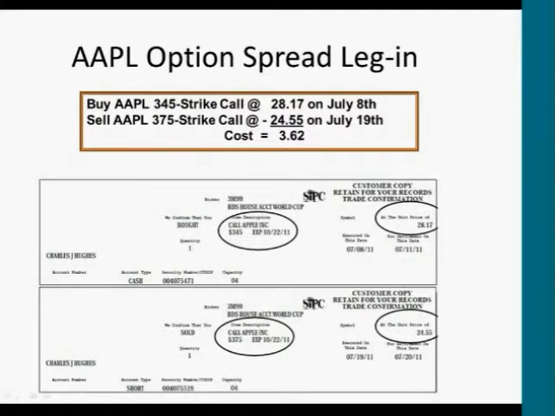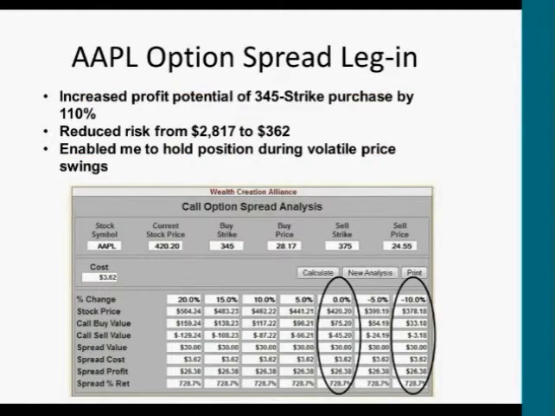So look what happens now. My total risk went from $2,817 for this 345 strike purchase to a maximum risk of $362. So that's a pretty big reduction in risk, $2,817 to $362 by creating the spread 11 days later.